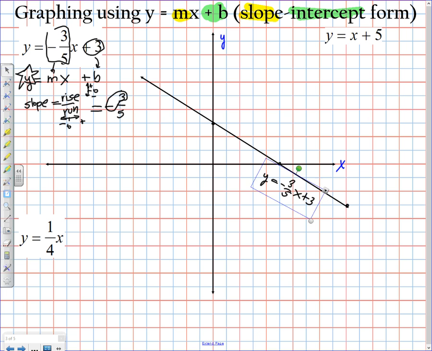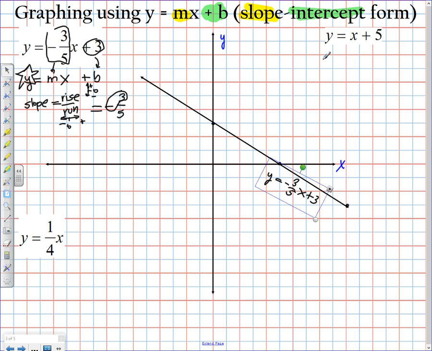The only reason I'm doing it is because I'm putting more than one line on the graph. You can put more than one line on the graph, but you need to label them so I know what's what. So the equation of this line is that graph. If you notice, it's very, very fast and easy to draw. Find the m and the b, and then use that information to graph them.